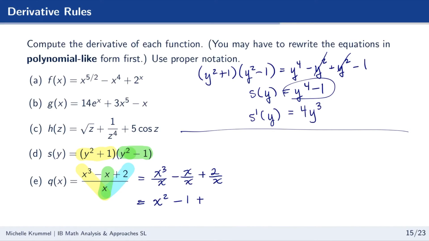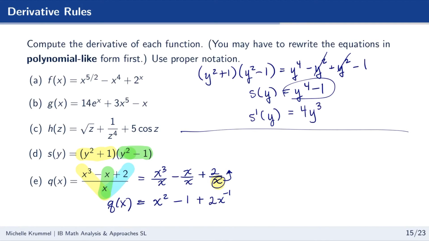That isn't very helpful when I need to take the derivative. I would rather write it as 2x to the negative 1. I'm going to bring that x up to the top, the numerator, and give it a negative exponent when you move it up into the numerator. Okay, now it's in a good form for me to be able to take the derivative.